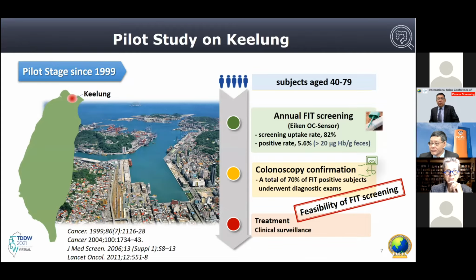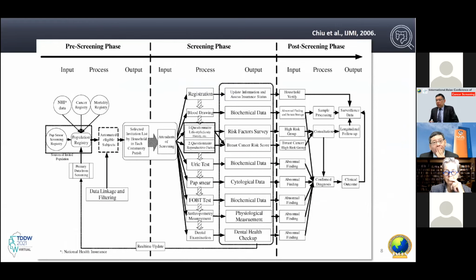After that, we initiated a pilot study in northern Taiwan, in Keelung City. In this program, we used FIT as the first-line screening modality and looked at the feasibility of using FIT in our communities. We also designed the structure of the screening in three phases: pre-screening, screening, and post-screening.